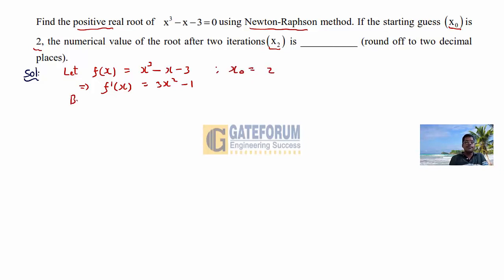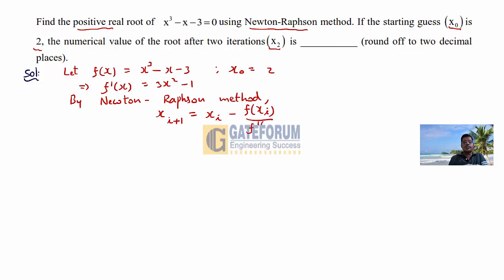So by the Newton-Raphson method, the iteration formula is x(i+1) is equal to xi minus f of xi divided by f dash xi. i is equal to 0 gives x1 is equal to x naught minus f of x naught divided by f dash x naught.